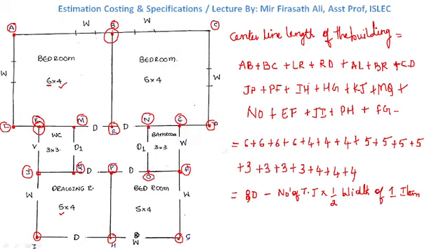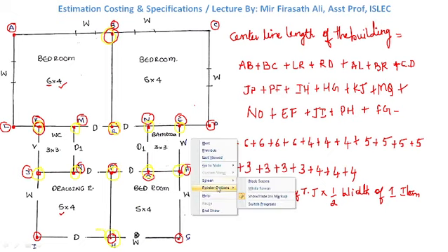This is one T junction, 2, 3, 4, 5, 6, 7, 8, 9, 10, this is 11, this is 12. So, we have 12 T junctions.